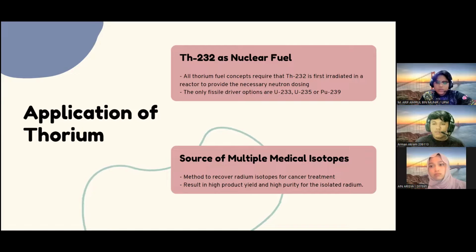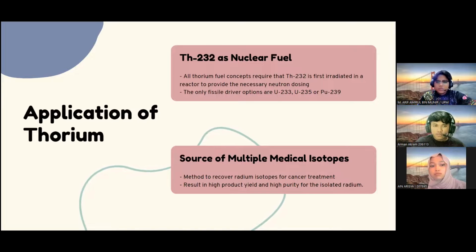Thorium fuel therefore needs a fissile material as a driver so that the chain reaction can be maintained. The only fissile driver options are uranium-233, uranium-235, and plutonium-239, which is hard because all three driver materials are hard to get.